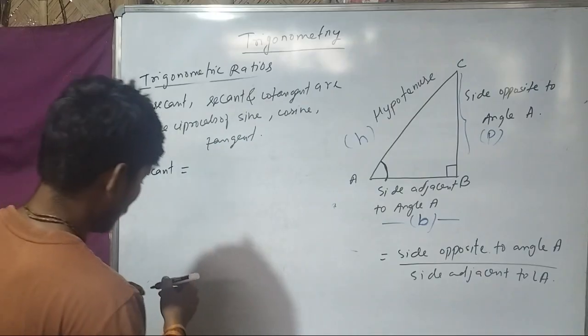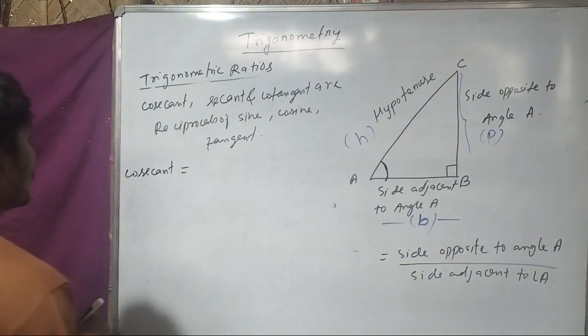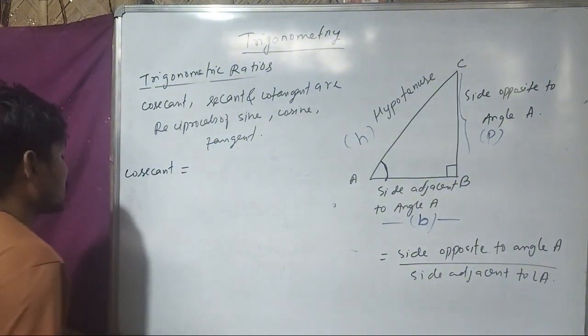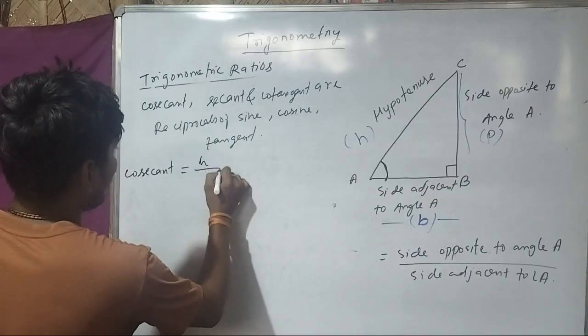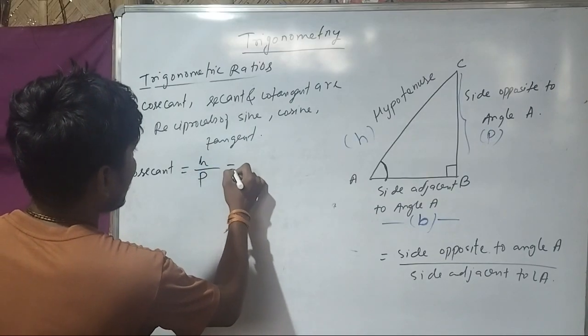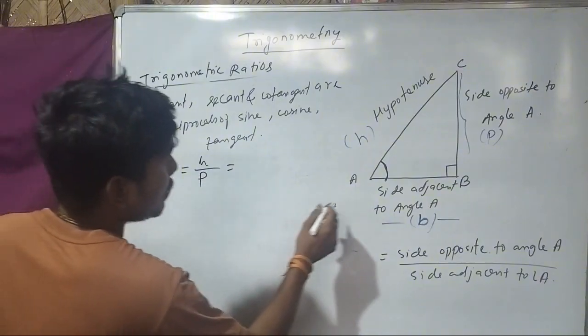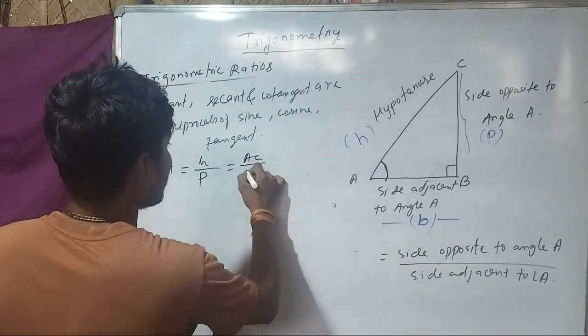Cosecant means what? Cosecant will be the reciprocal of sine, so it will be H by P, hypotenuse by perpendicular. That is cosecant of angle A. Hypotenuse will be AC, and P will be BC.